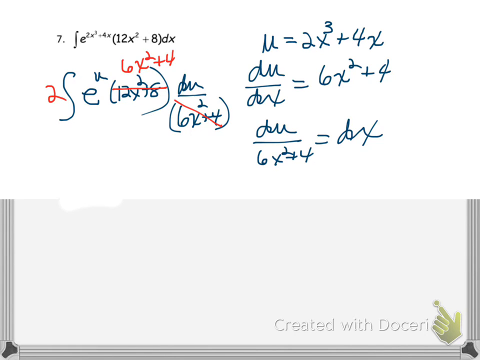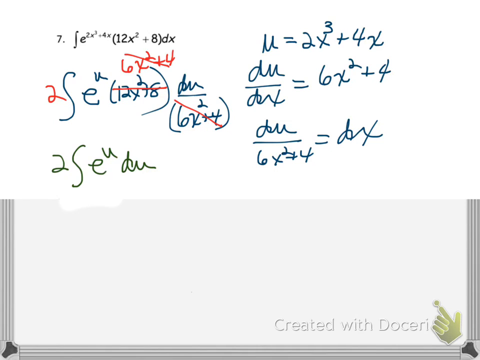Now at this point, I can cancel those terms. And what do I have left to take the antiderivative of? I have 2 and then e to the u du, so that's not bad.